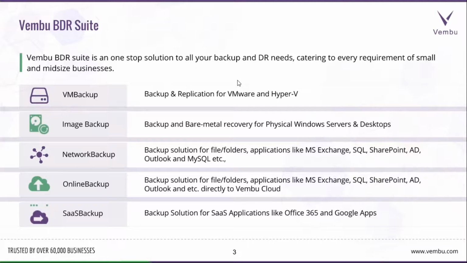It has a group of products bundled together: Vembu VMBackup for the backup and replication of VMware and Hyper-V; Vembu Image Backup for the backup and bare metal recovery of physical Windows servers and desktops; Vembu Network Backup, a backup solution for files, folders and application-level backups like MS Exchange, SQL, SharePoint, Active Directory, Outlook, MySQL, etc.; Vembu Online Backup, a purely cloud-based backup solution where you can directly do a file, folder or application-level backup to our cloud, Vembu Cloud; and Vembu SaaS Backup, a backup solution for SaaS applications like Office 365 and Google Apps.